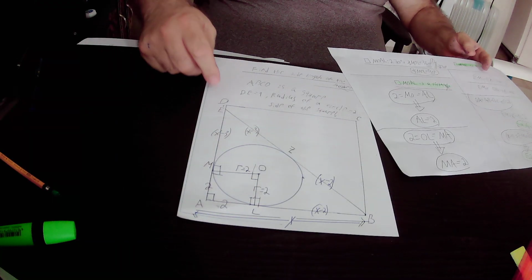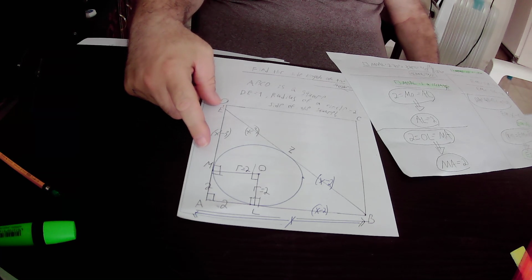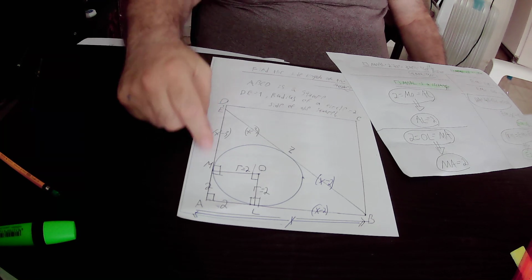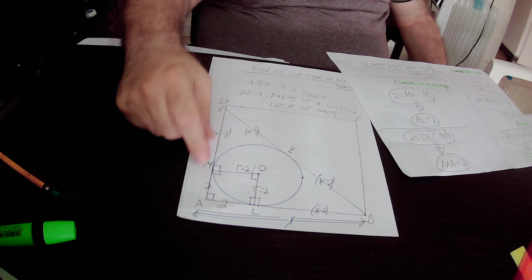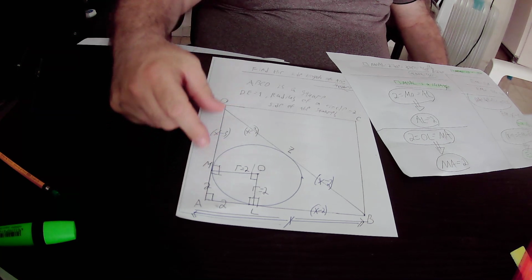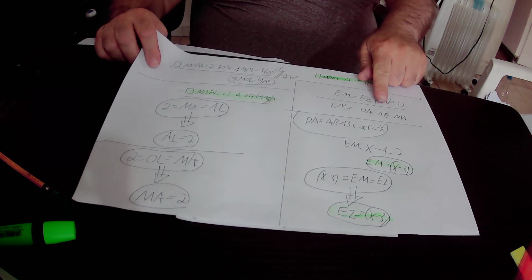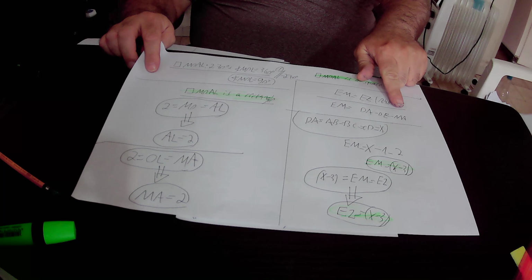What is the length of EM? From the drawing, it is very easy to see that the length of line segment EM, or tangent EM, will be equal to DA minus DE minus MA. Again, EM equals DA minus DE minus AM.